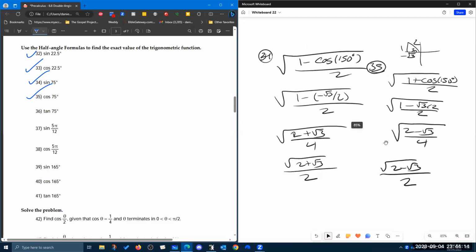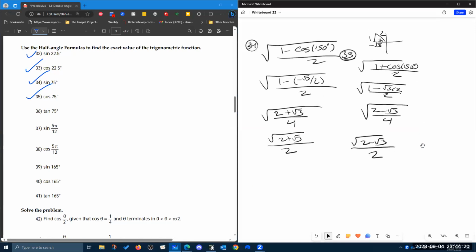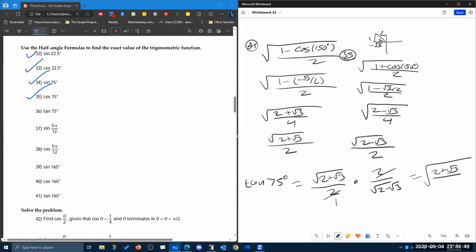Tangent of 75 degrees is going to be sine over cosine. So I get a big square root of 2 plus root 3 over 2 minus root 3.